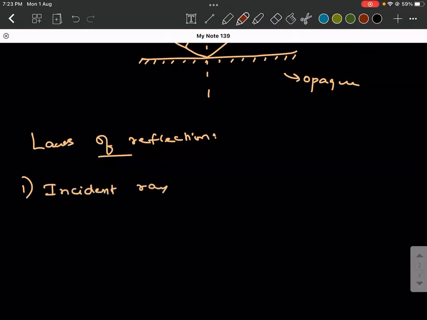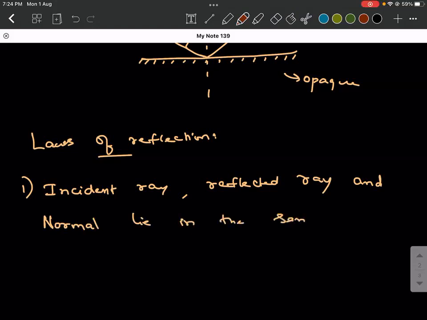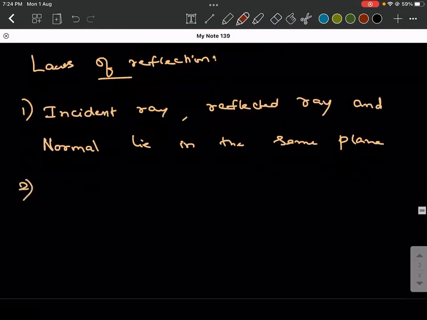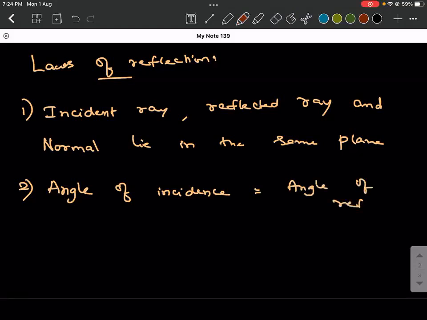The incident ray, the reflected ray and the normal lie in the same plane. Second, the angle of incidence is equal to the angle of reflection. What do I mean by angle of incidence here?